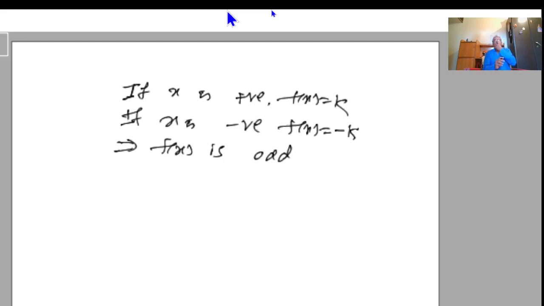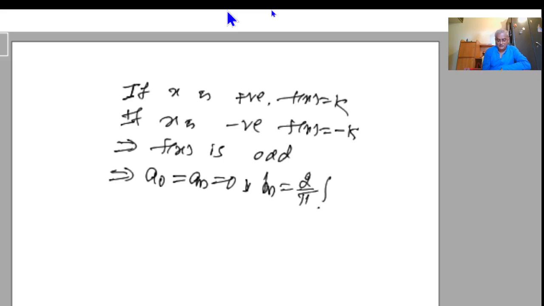If f of x is odd, then we have a naught equal to an equal to 0 and bn equal to 2 by pi, integral 0 to pi, f of x into sin nx dx. Next we find bn.